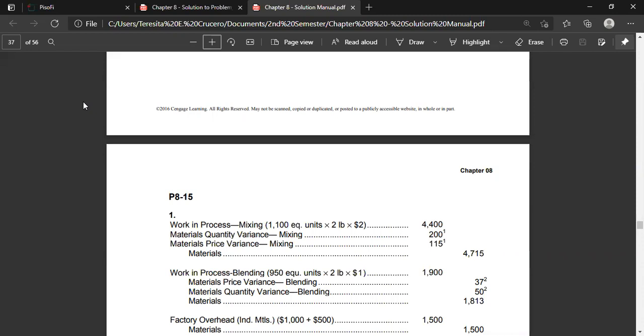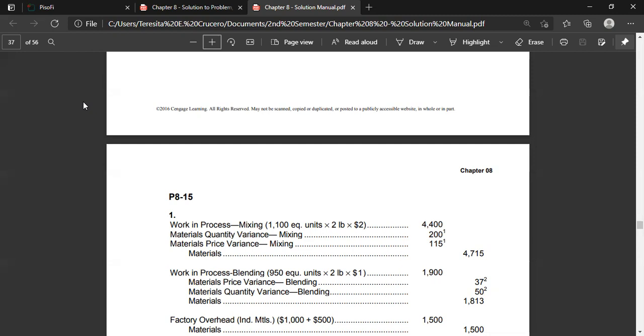Journal entries record the production of the units in both departments, and the movement of the goods and the sale of the goods. Use the two variance method for overhead variances analysis. You must first compute equivalent units and the variances for materials, labor, and factory overhead. So let's now go to 8-15.